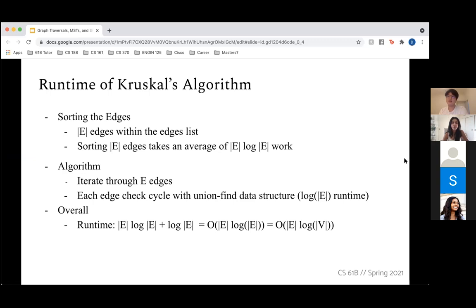Does the runtime analysis rely on E greater than V? This is kind of a fun question. In a sense, it does, because if you think about a graph in which there are fewer edges than vertices, other than n-1, it is an unconnected graph, where obviously not all the nodes are reachable from all other nodes.